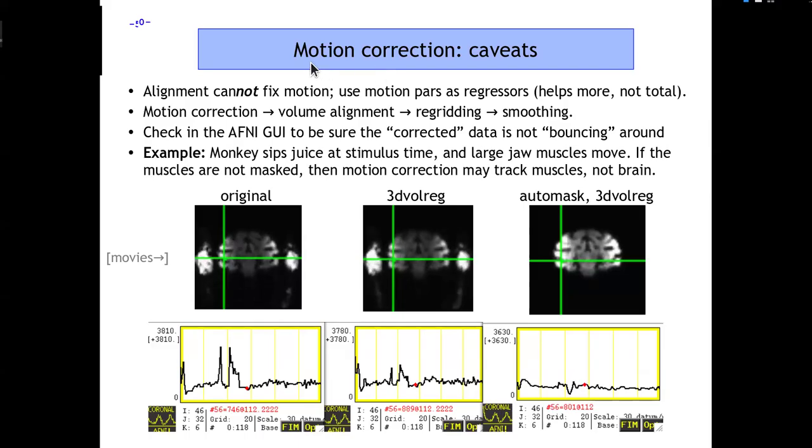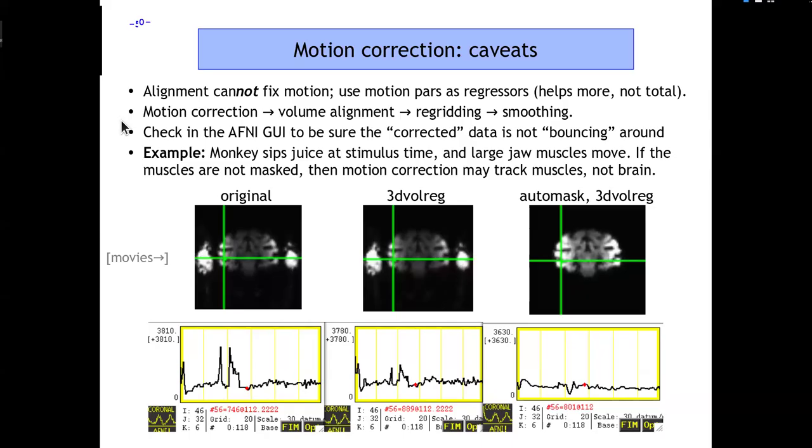There is no way we can make our data look as if there was no motion there. Whenever we do motion correction, it's an alignment process and there's regridding. So we're mapping data across space. That's a smoothing process. So for one, your data is going to get blurred just by doing motion correction.